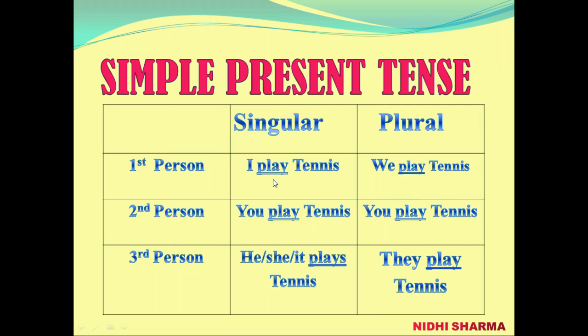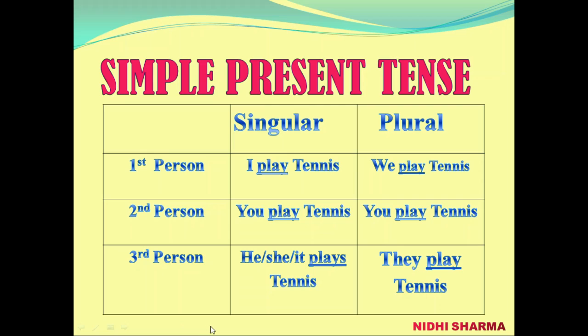So again you can notice that the verb is in the same form. Now in the second person singular, you play tennis. Here also we have used the same verb as we have used in the first person. We notice only one change, that is in the third person singular, we added s to the verb play.